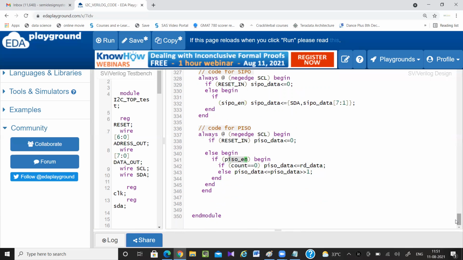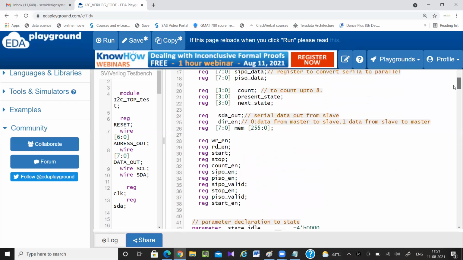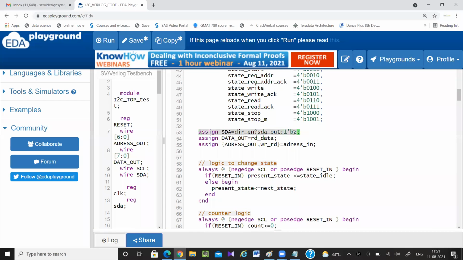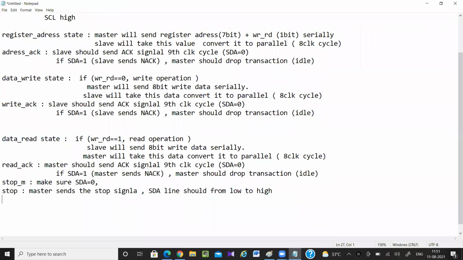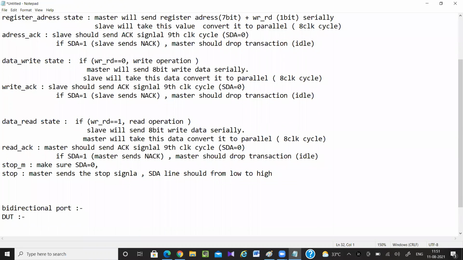Now next go to this line. If someone asks you how to design a bidirectional port, in the design what I have written is: when direction enable is equal to 1, SDA is equal to SDA out, else it is in high impedance.